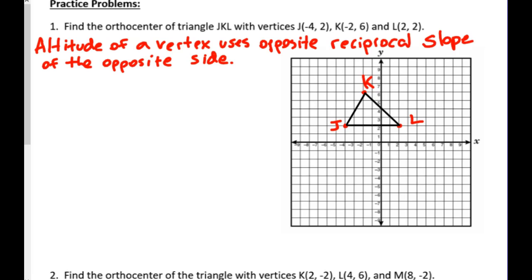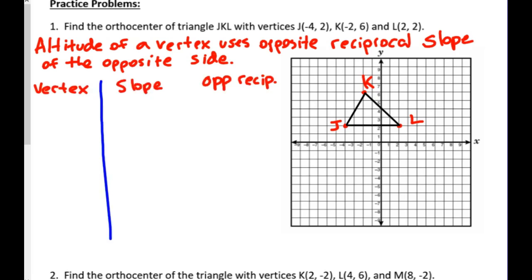Now, we're going to organize our thoughts here into columns so that we can graph these altitudes. So I want you to make 3 columns: vertex, slope, and opposite reciprocal. If we get this information organized, it'll help us make 3 altitudes, and then we'll have an orthocenter.